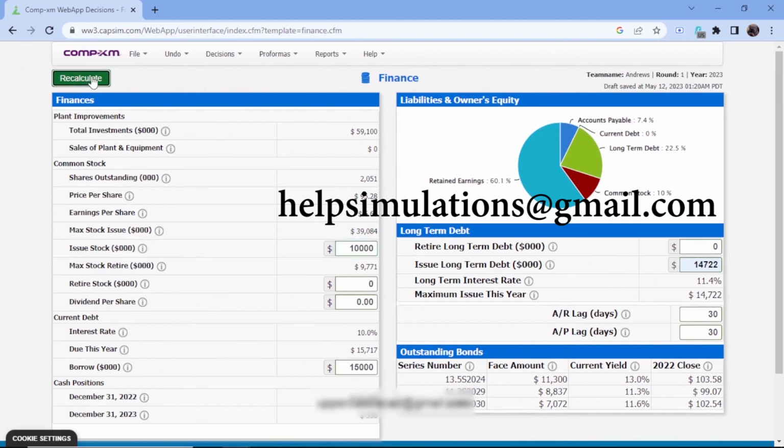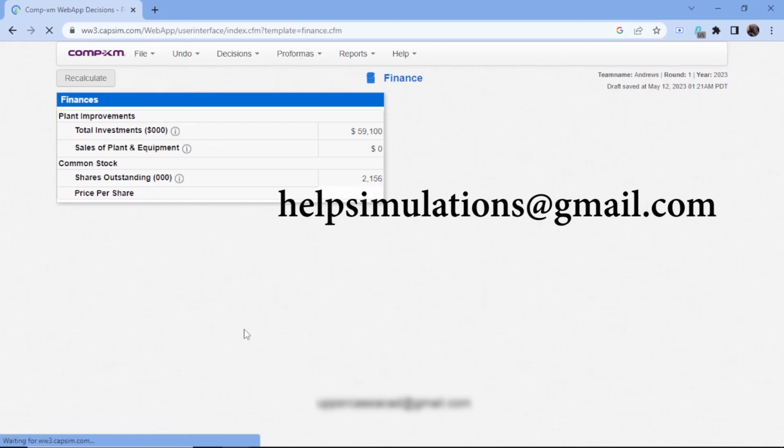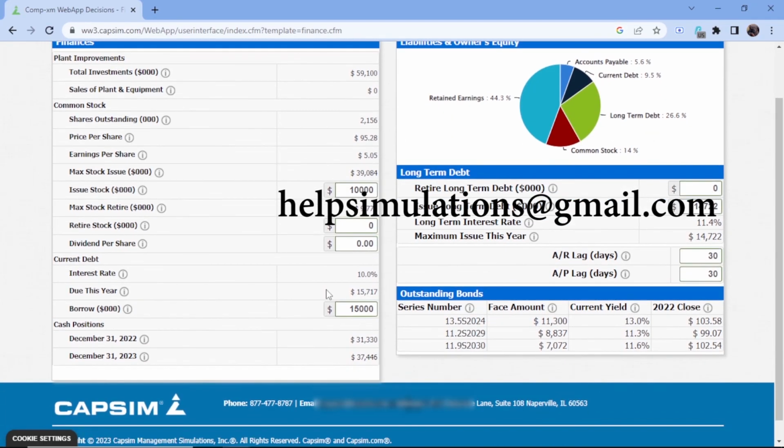So I'll recalculate to see if I have enough money for my projected cash flow, for my cash position as of December. So let me see what I have. My projected cash position is 37.